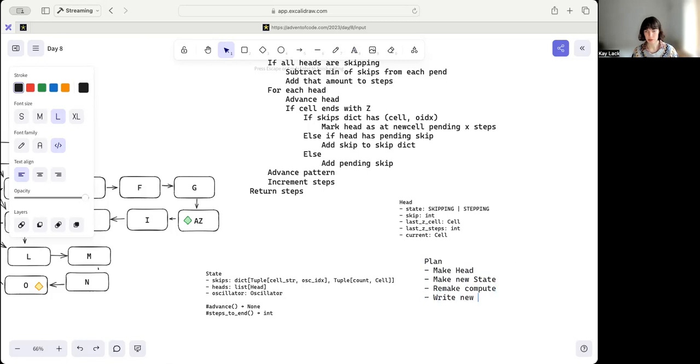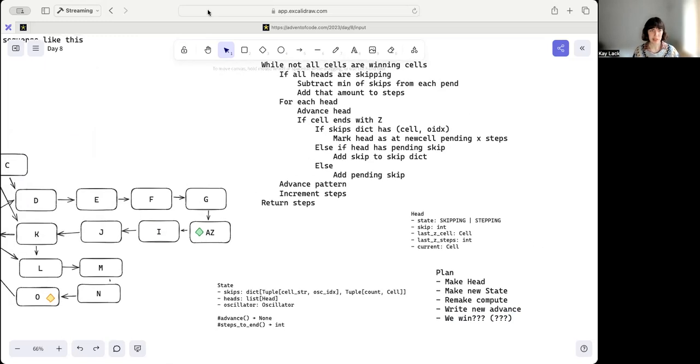Write the new advance, and steps to end should stay the same. Who knows? Let's try it out. I think it's time to start doing some coding.